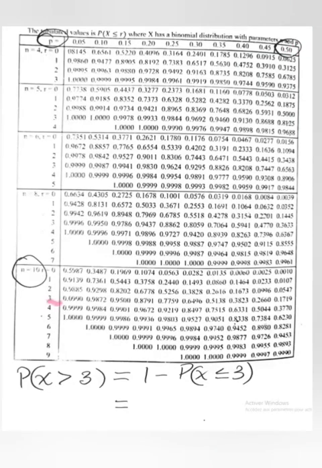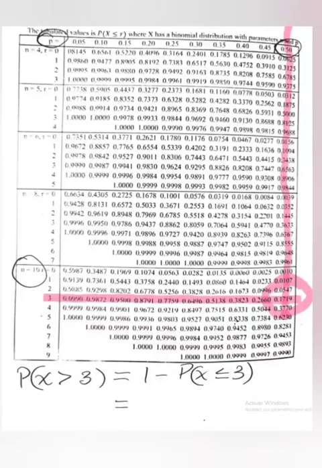Then I locate where r is 3, which is representing x there, and I move horizontally and then vertically from my value of p to where they would intersect. They intersect here where the value is 0.1719.